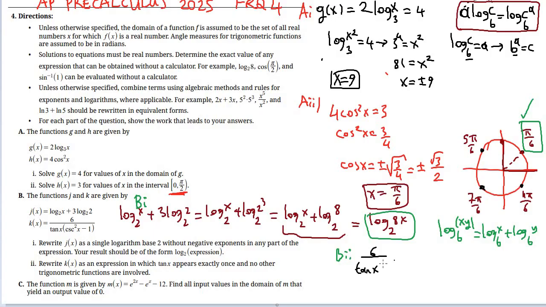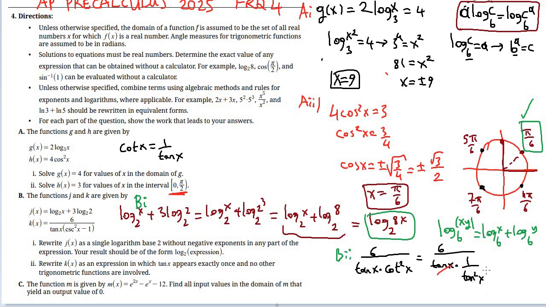Cosecant squared x minus 1, using the Pythagorean identity, is equal to cotangent squared of x. From here, we know that cotangent is the reciprocal function of tangent. So I can rewrite this as 1 over tangent squared of x. So 6 over tangent x multiplied by 1 over tangent squared of x.